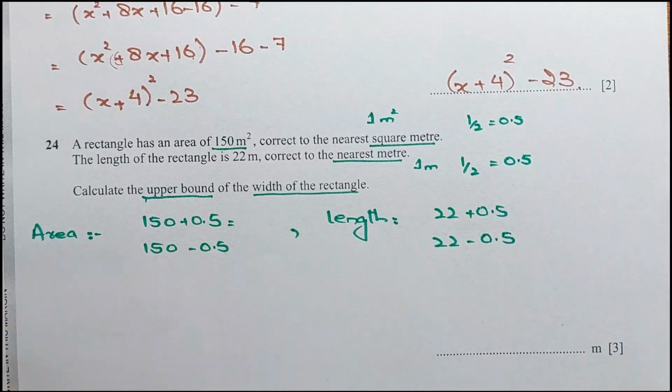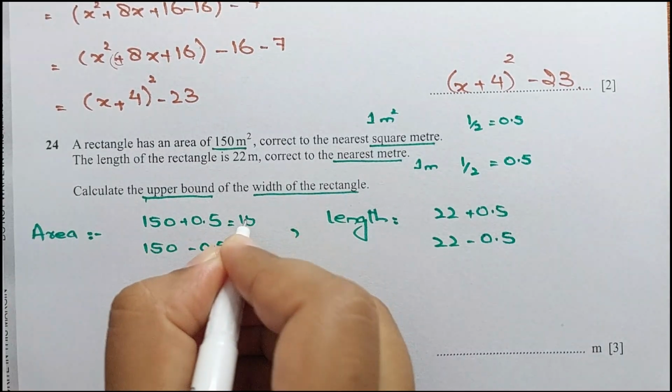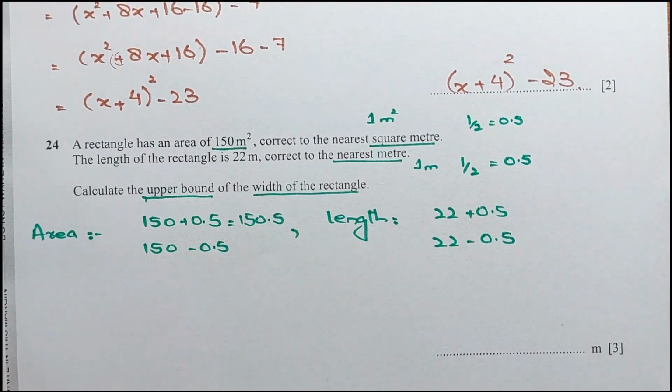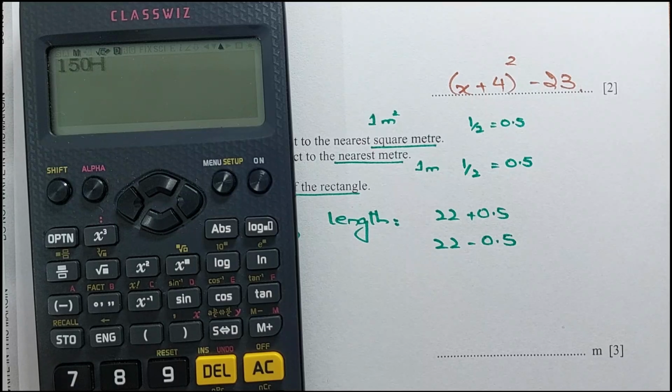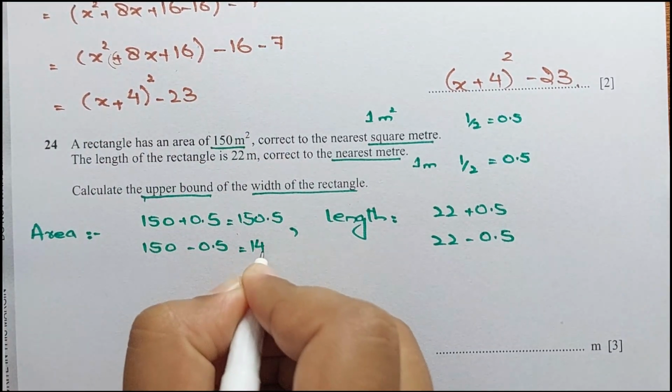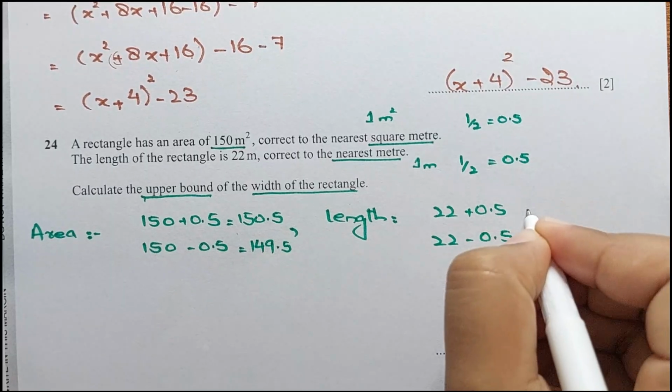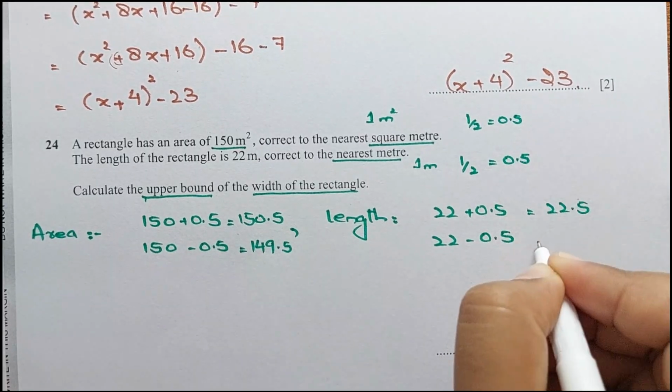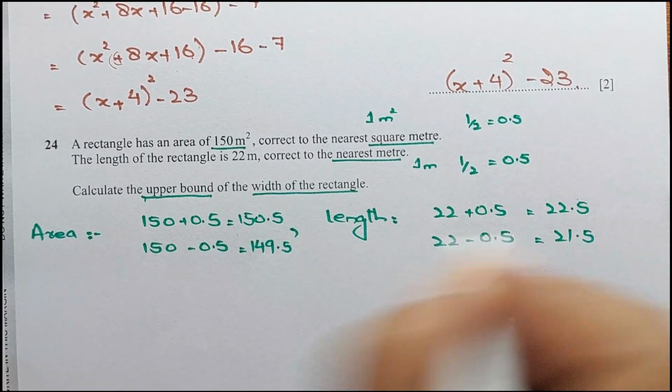Okay, so 150.5 and 150 minus 0.5 is 149.5. This is 22.5 and this is 21.5.